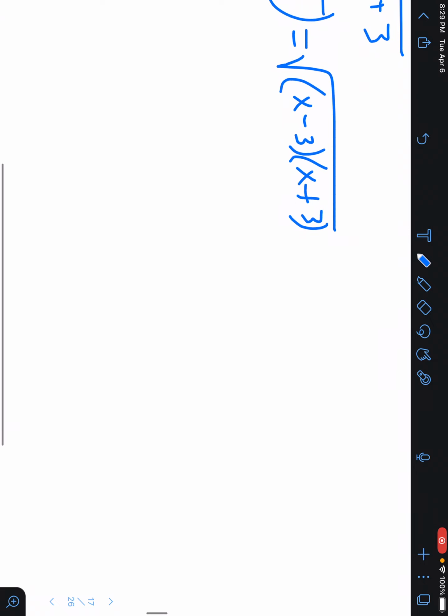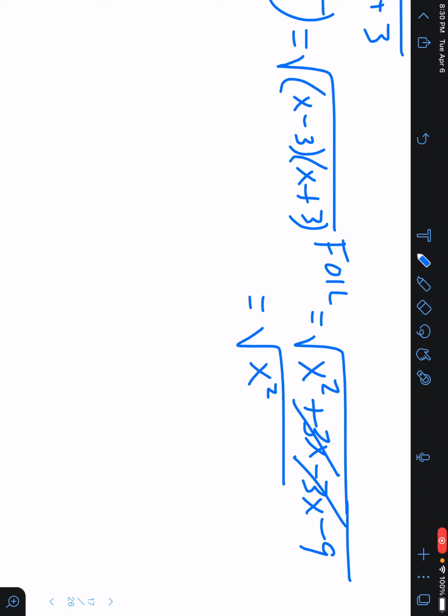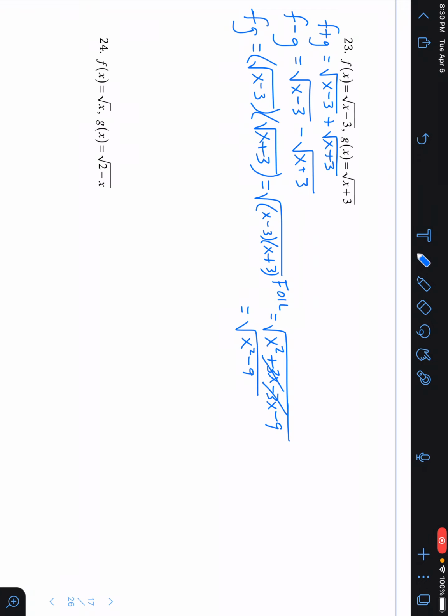So what we can do is FOIL that. So that would be the square root of first times first, outside, inside, and last. And then these guys can actually cancel out when you combine like terms. And we have the square root of x squared minus 9, and we can't do anything else there. That's a very tricky problem, I understand if you're a little confused there.